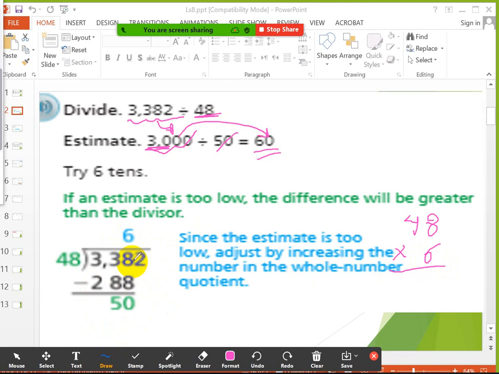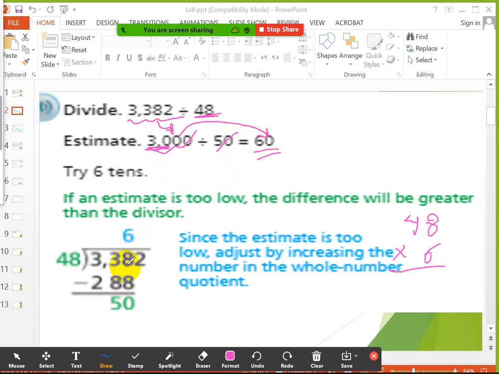Now if you subtract, girls, I want you to focus right here, please. If you subtract between those numbers, the answer was 50, okay? 50 is greater than the divisor. That means there is another 48 in this number, right? How many 48 in 338? From the estimation, I will know that there is a 6.